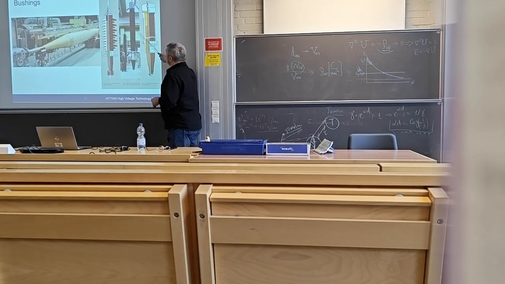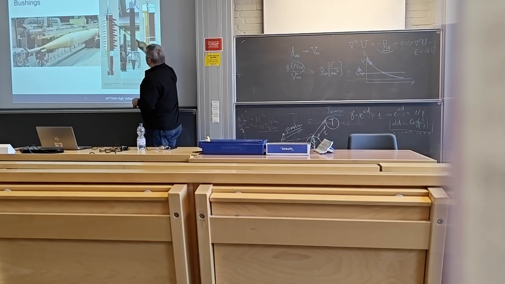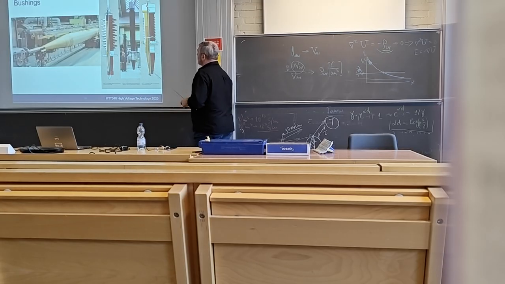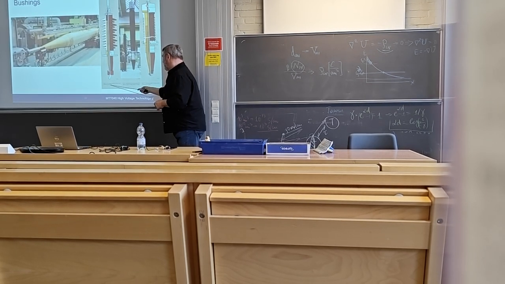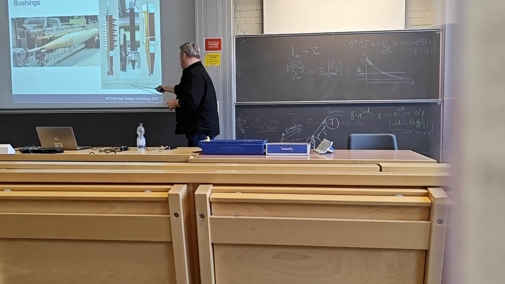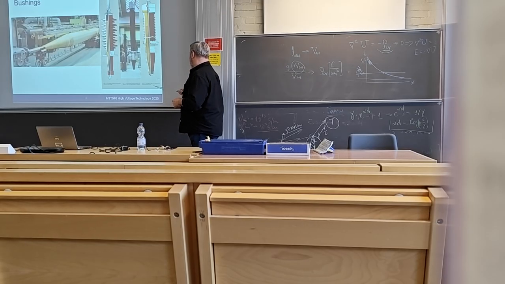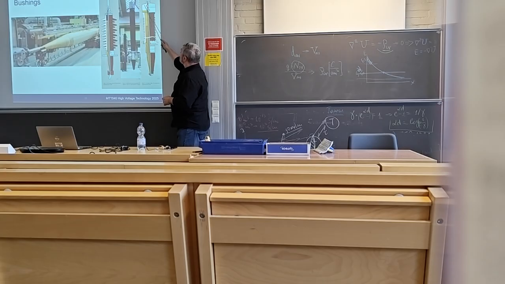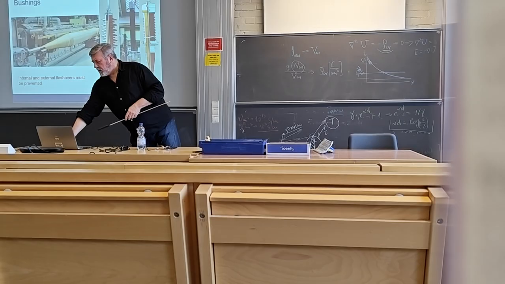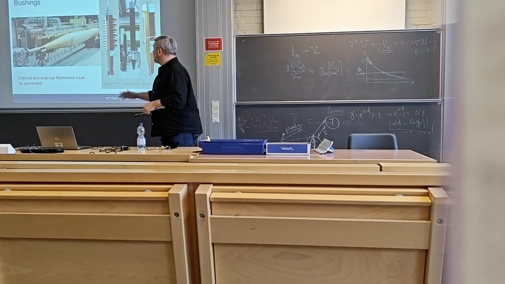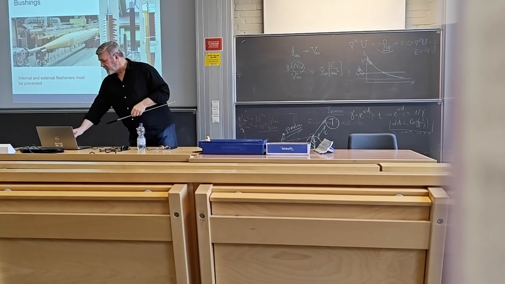And then you have this core, which is placed inside the enclosure. This is a transformer bushing, type 525. Nothing is written, but I would guess that this is oil, because this is the expansion tank here on the top. Yeah, internal and external flashover must be prevented.